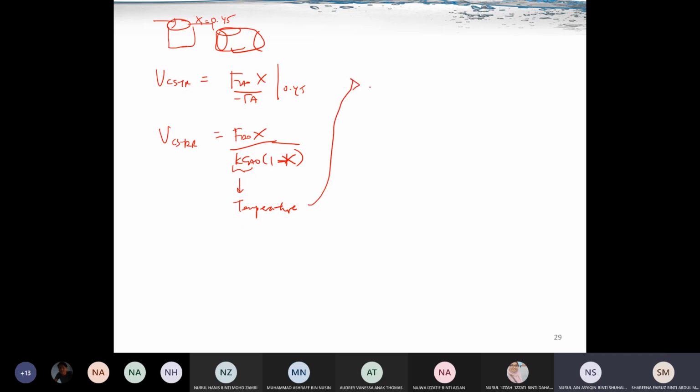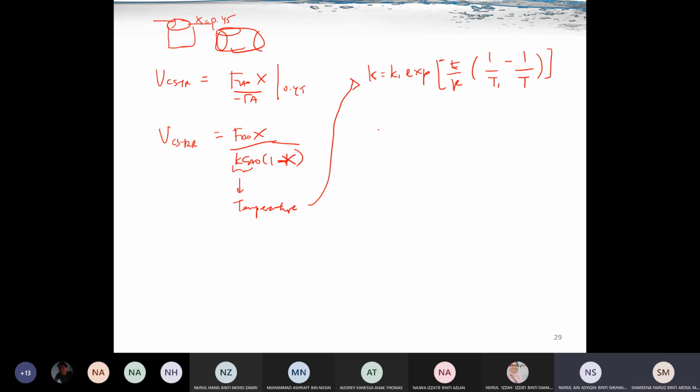The Arrhenius equation is k is equal to k1 exponent E over R, 1 over T1 minus 1 over T. So here what you need to do is get the k value. Once you get the k, you can put it in here.